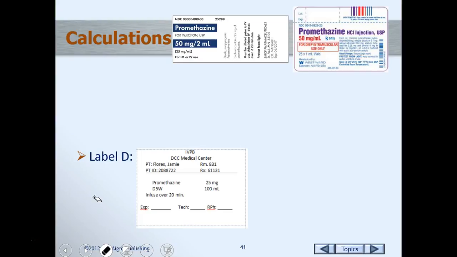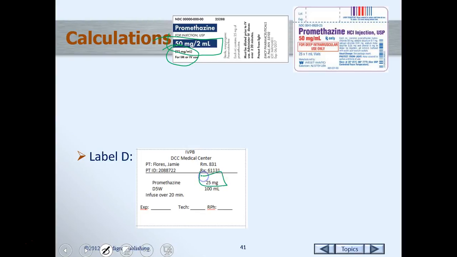This one is for 25 milligrams. So we will start with our, now this is telling us 25 milligrams per milliliter is equivalent to the 50 milligrams per 2 milliliters.